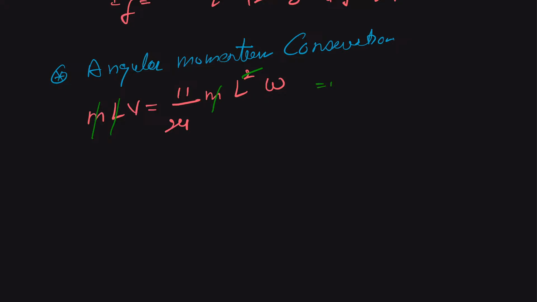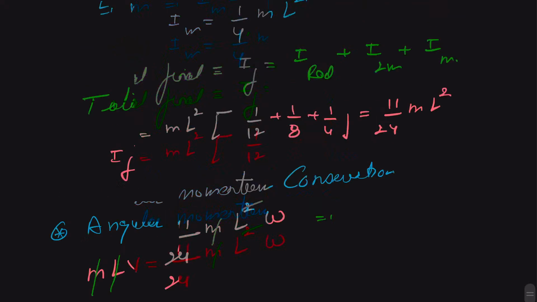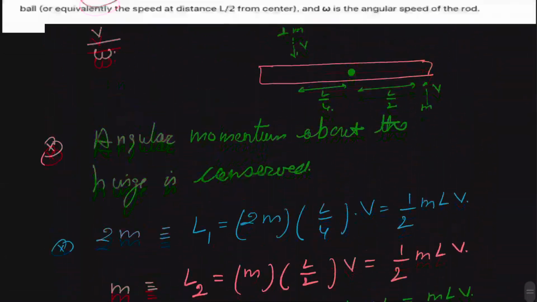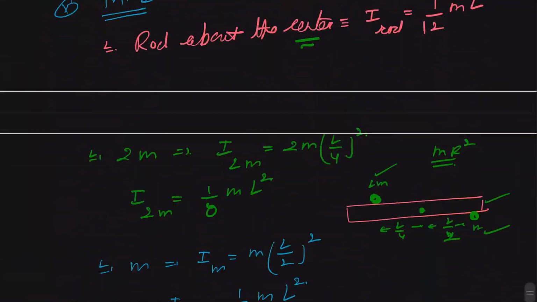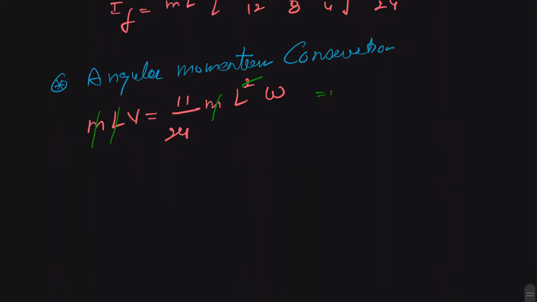So what we have to find out is the ratio v upon omega. So v upon omega will be equal to 11L upon 24, and the length is given to us as 8.